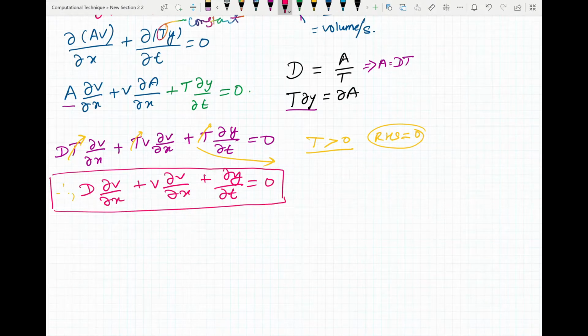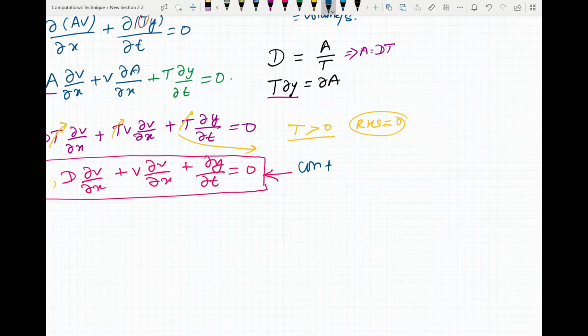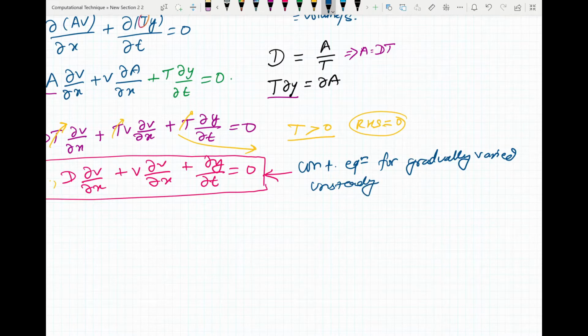Now this is known as the continuity equation for gradually varied unsteady flow in open channels.